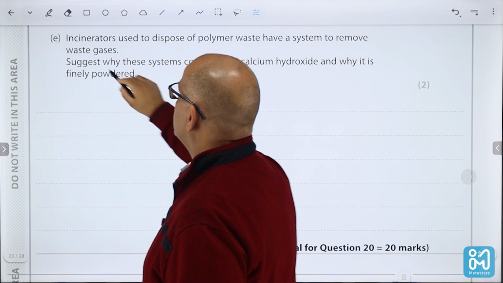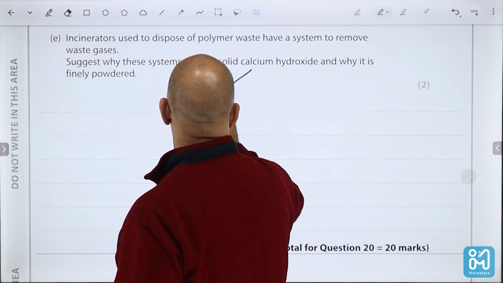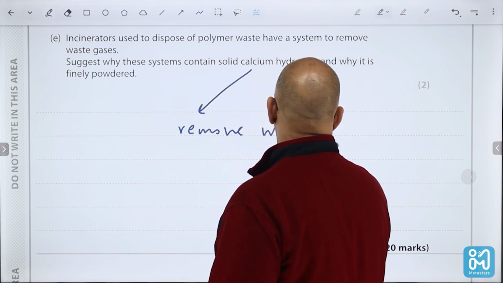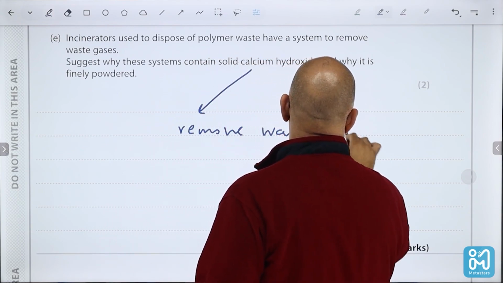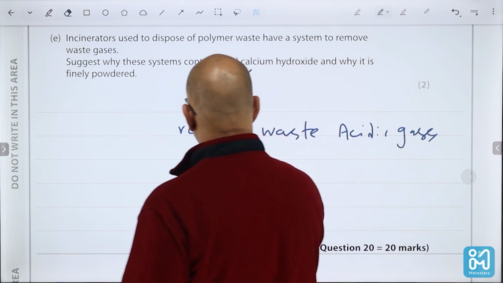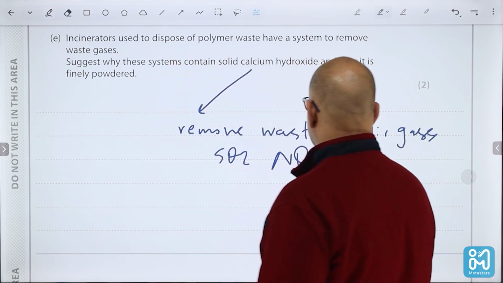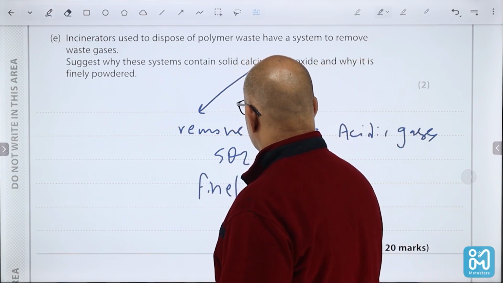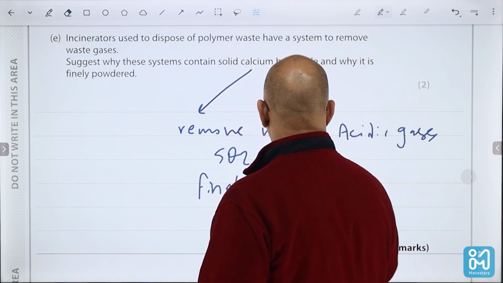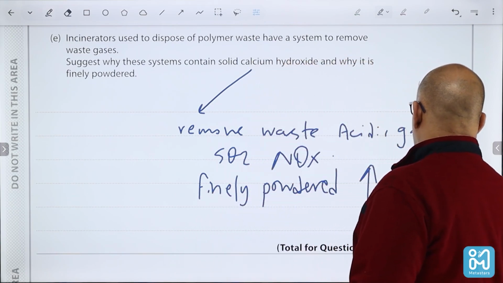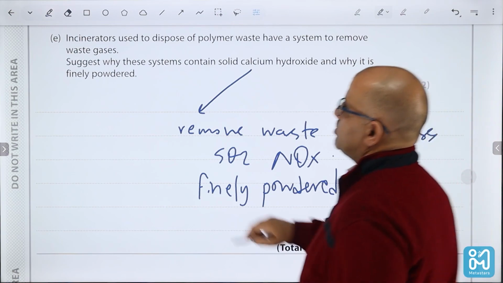It is a base, to remove waste acidic gases like SO2 and NOx gases, and finally powdered to elevate the rate of reaction.